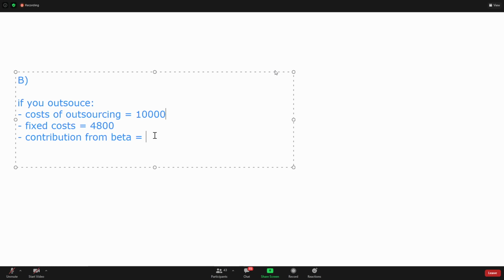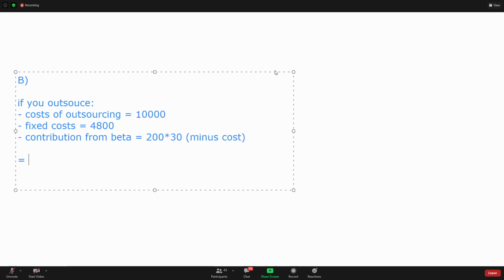So it's revenues minus variable cost. So that is a positive, is a minus cost, and that is 200 units of beta that we sell, and they have a contribution per unit of 30. And therefore, this gives a total cost equal to 8,800.